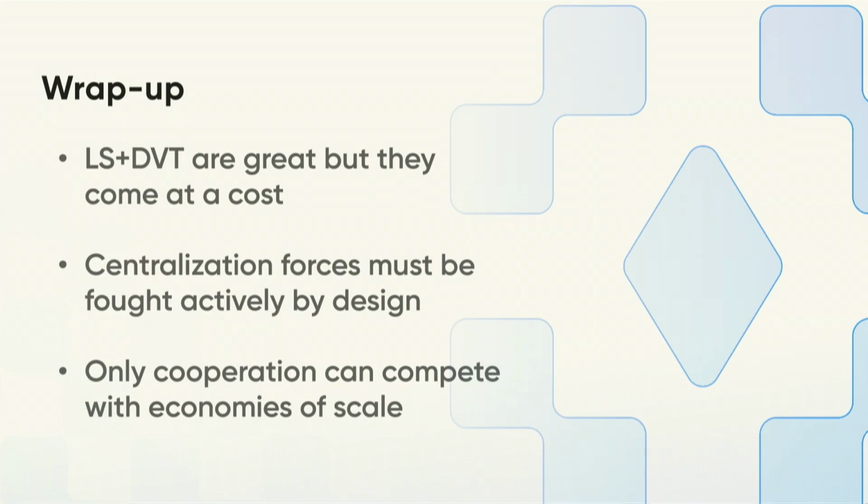Centralization forces must be taken into account actively by design. And only cooperation, as we saw on the panel a few days ago, can fight the centralization forces. So we must actively work towards providing a decentralized way of validation.